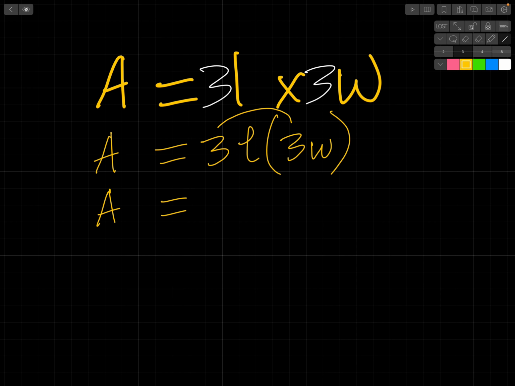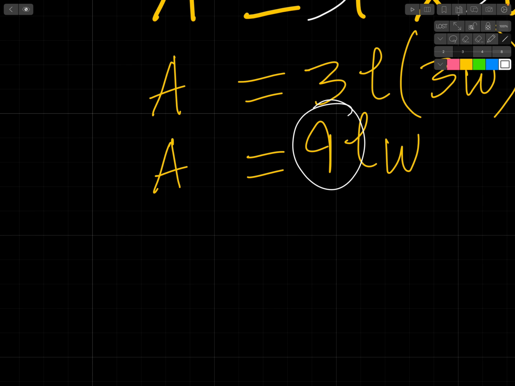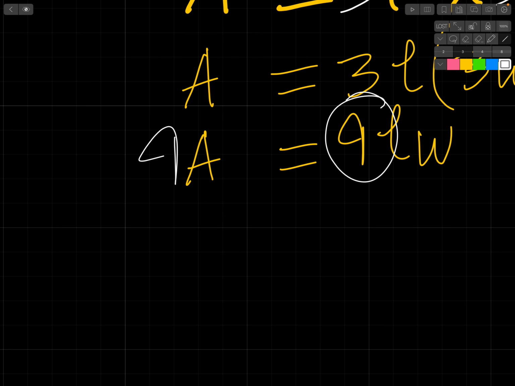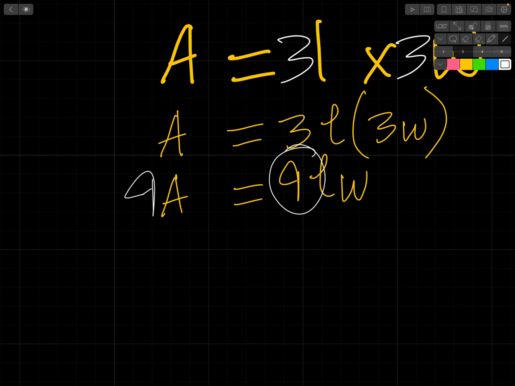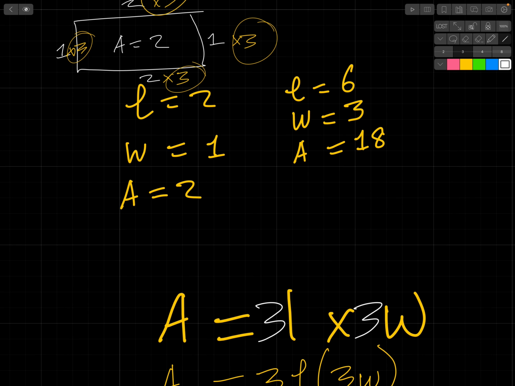So you do 3 times 3, which is 9, and then L times W, which is just LW. Now you can see this 9. So that means that the scale factor will also be 9. So the area will be 9 times bigger than the original area.